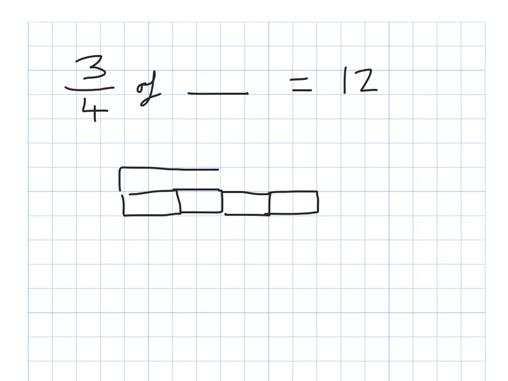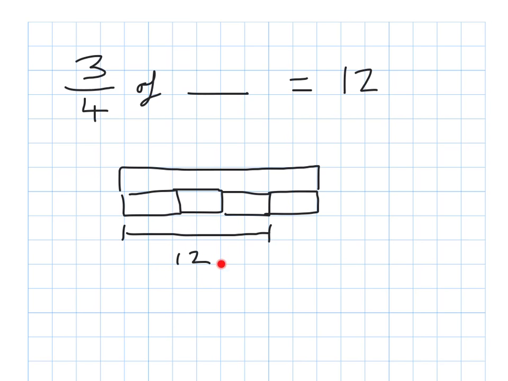We don't know what the amount is, and this time, because we know that 3/4 of this number at the top is 12, we now need to put our line underneath 3/4. We know that 3/4 is 12.